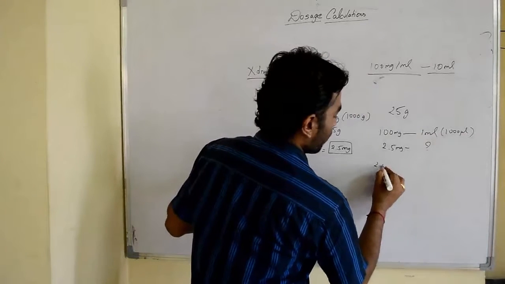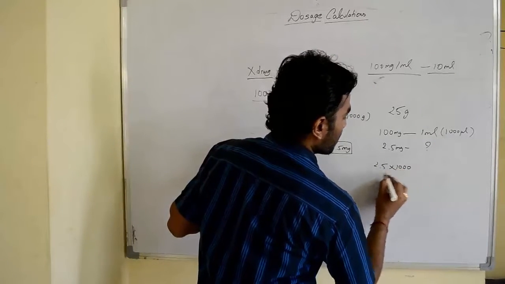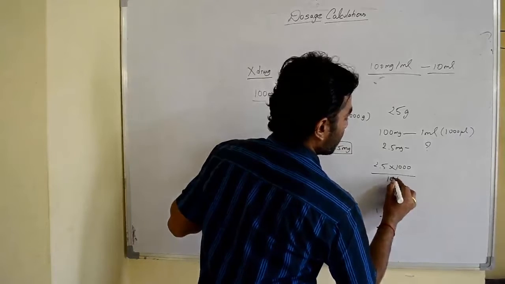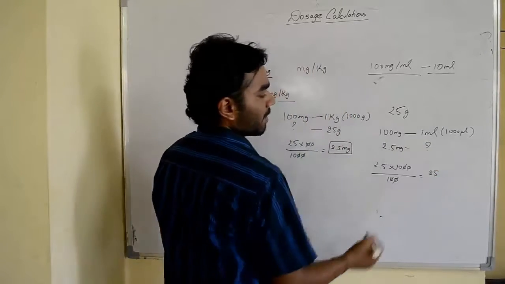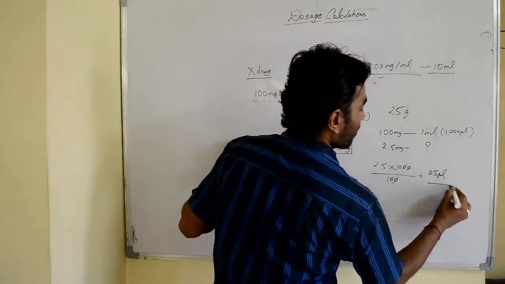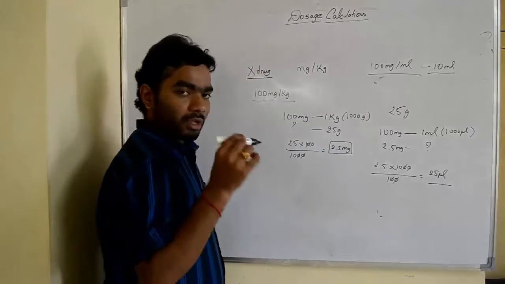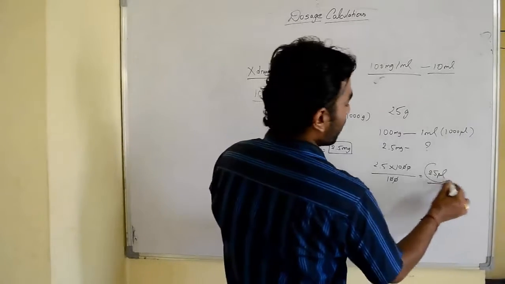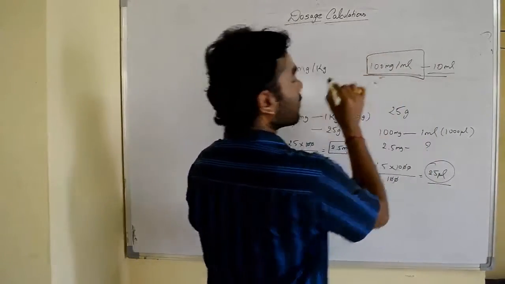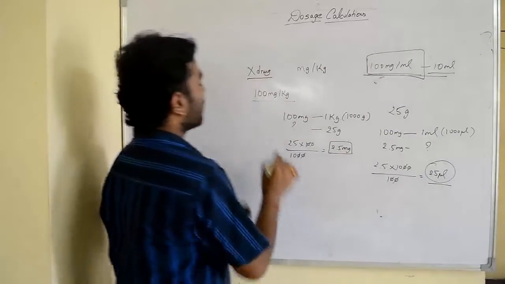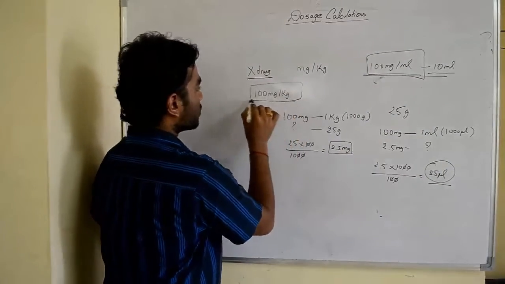So 2.5 into 1000 divided by 100. You do the calculation and you get 25, and you are taking this in microliter, so it is 25 microliter. So you have to take 25 microliter of this stock solution to get the required amount of dosage to be given to the animal.